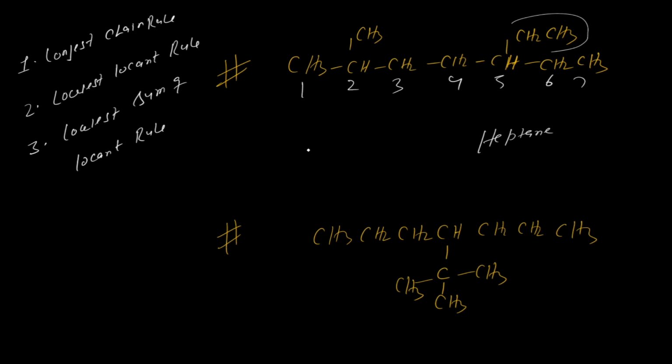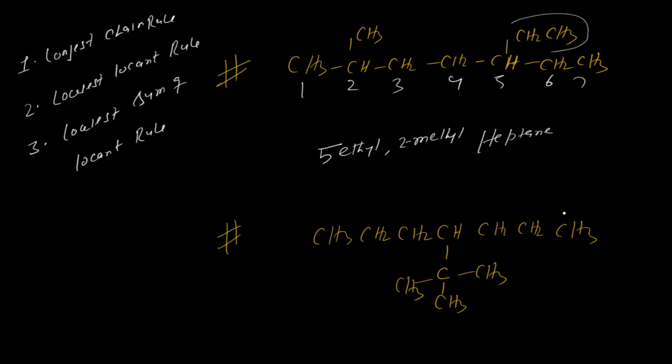You should also keep in mind the alphabetical order, so alphabetically you have to put the substituents at their positions. At fifth position this is ethyl, so first we write 5-ethyl, and at second position 2-methyl heptane, isn't it?